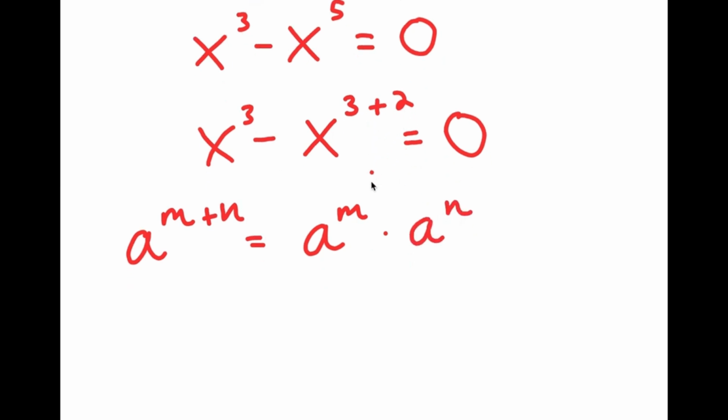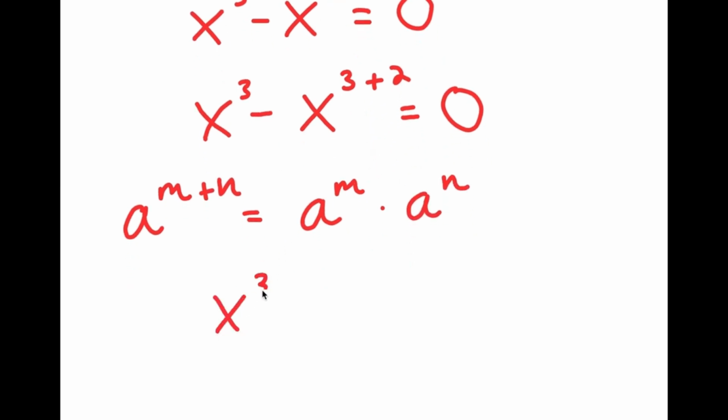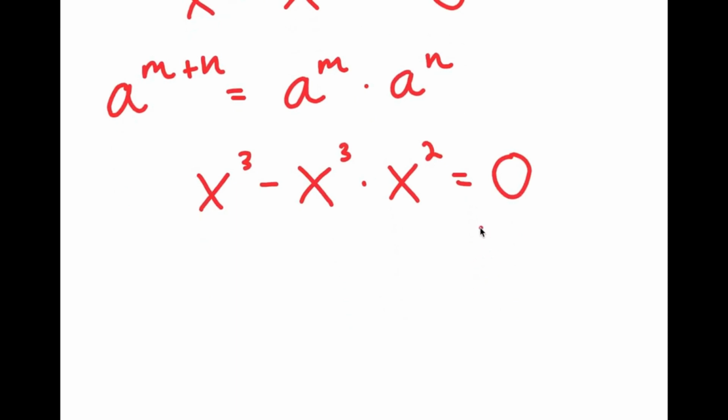So x to the power of 3 plus 2 is going to equal x to the power of 3 times x to the power of 2. And now I'm going to factor out x to the power of 3. So I get x to the power of 3 times 1 minus x squared.